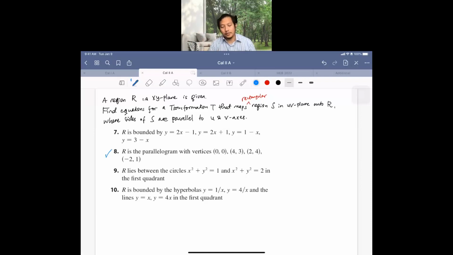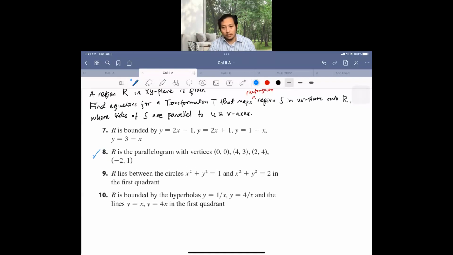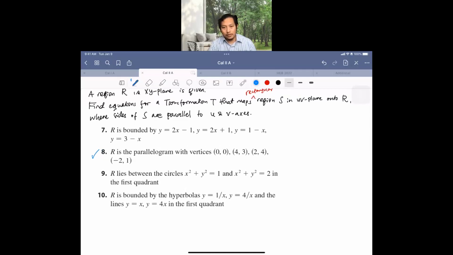If you already draw the diagram for the vertices of this parallelogram, the idea is to transform this into a rectangular shape that is easy to calculate if you try to integrate, for example.